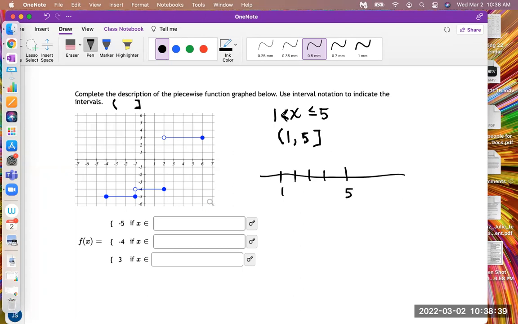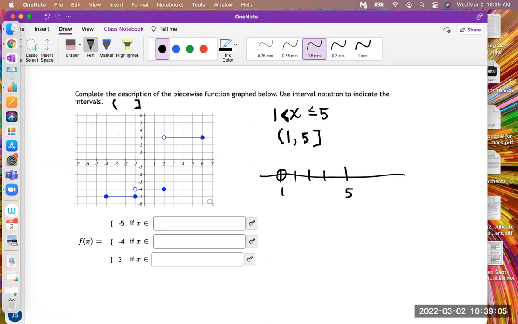Where we have a strict inequality with no equal sign, we put an open dot. It means I don't shade in the dot, because the function does not have a value at that particular x value of 1.